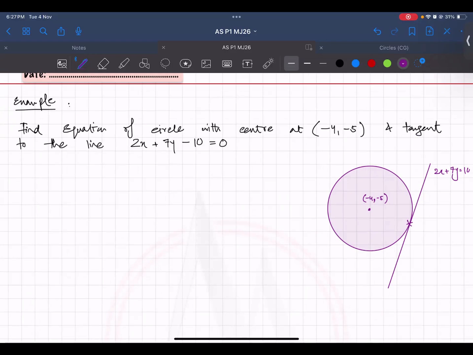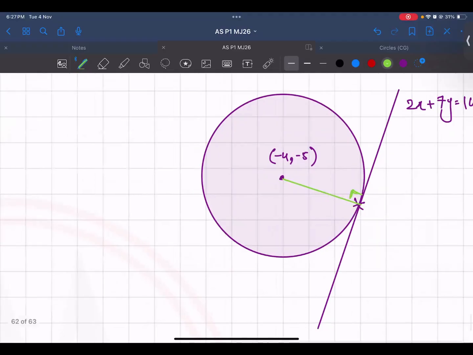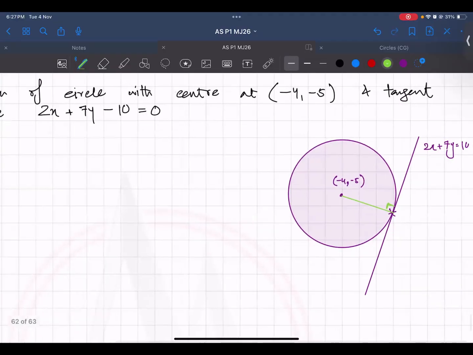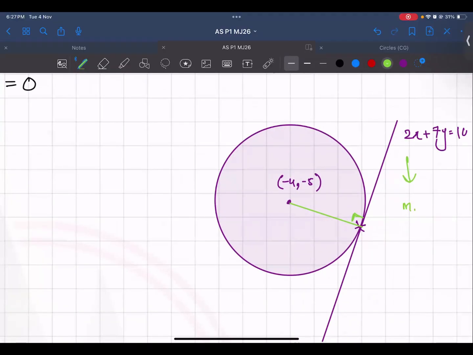So what we can do is, we know if I connect the tangent with the radius, this will be perpendicular. So using the equation of the tangent which I have, I can find the gradient of the tangent easily, by converting into y is equal to mx plus c.